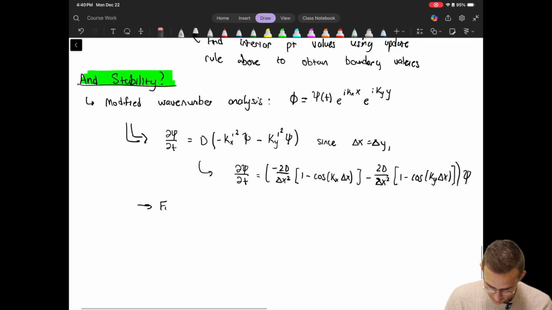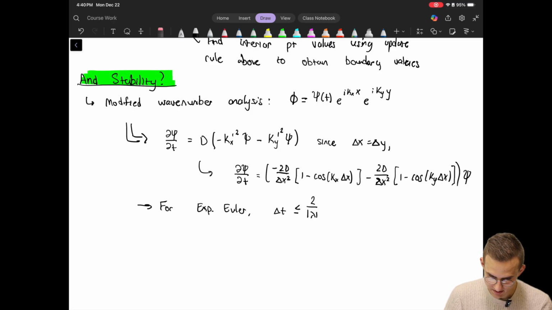Remember that for explicit Euler, we need that delta t is less than or equal to 2 over the magnitude of lambda.